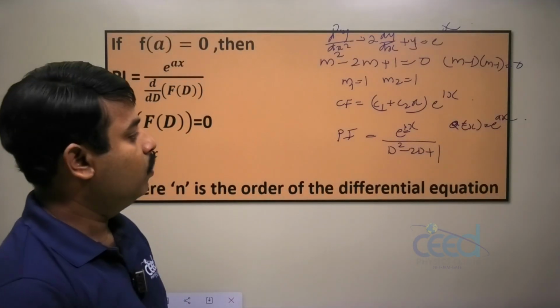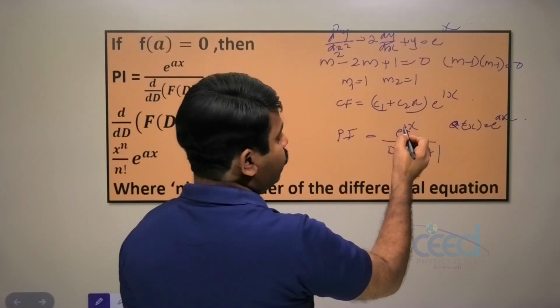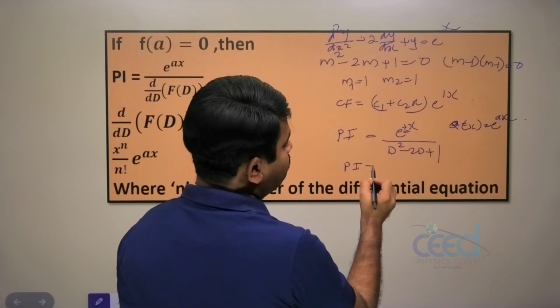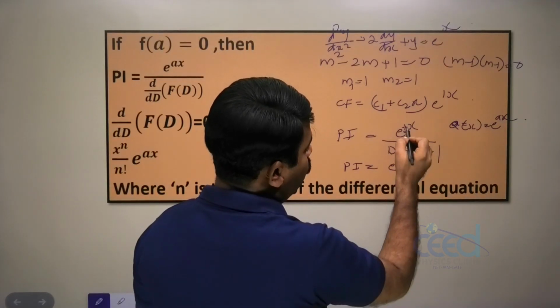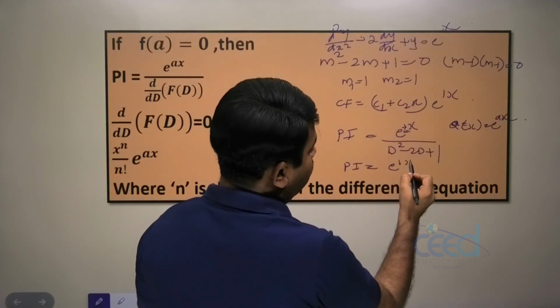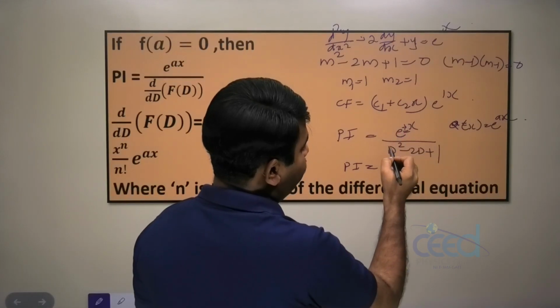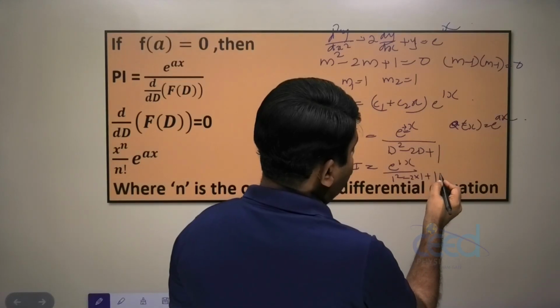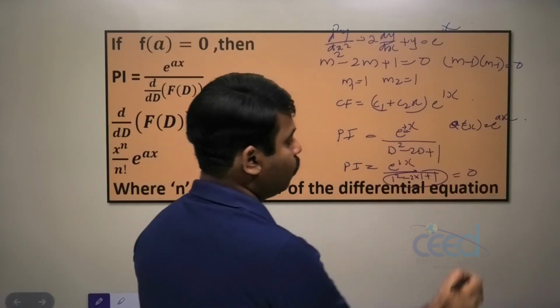Now you put a value 1 here: 1 square minus 2 into 1 plus 1. Now look here, the denominator part is 0.